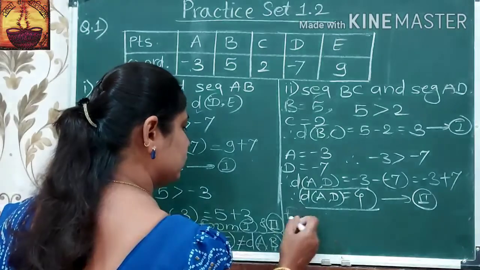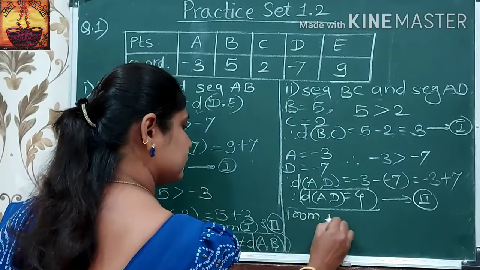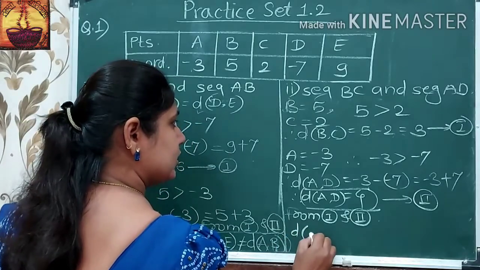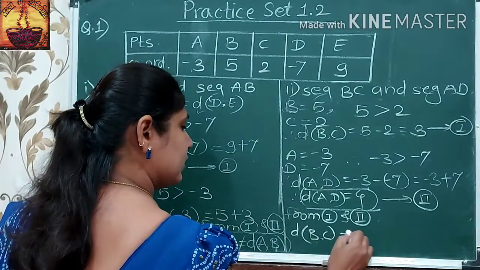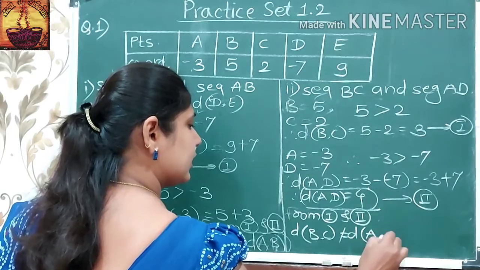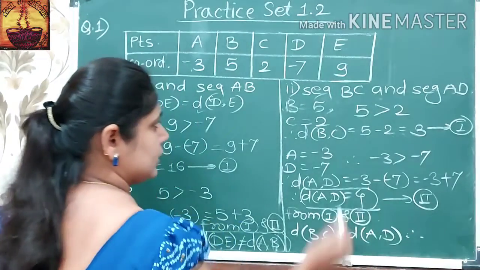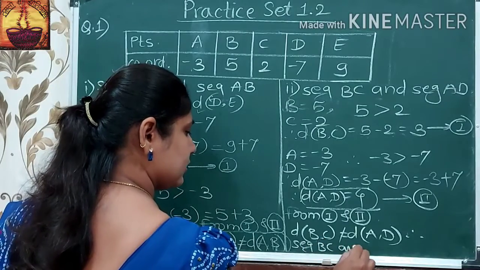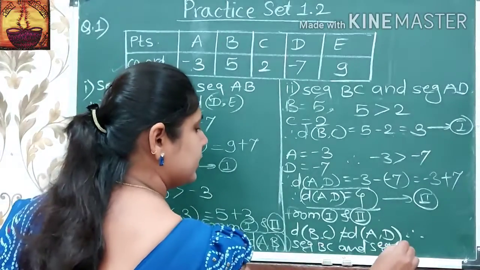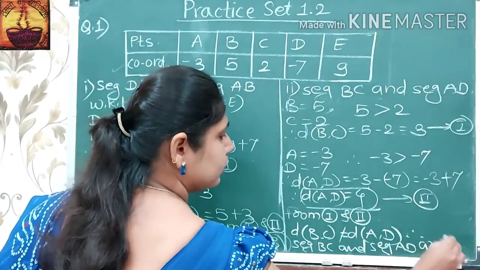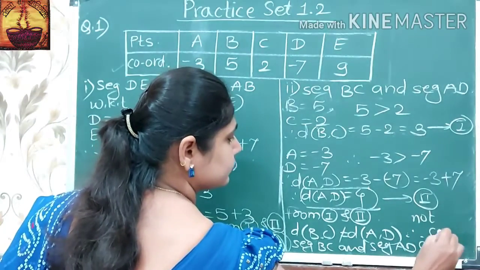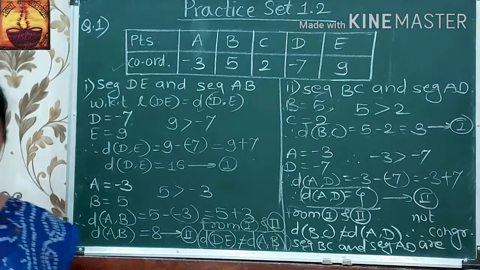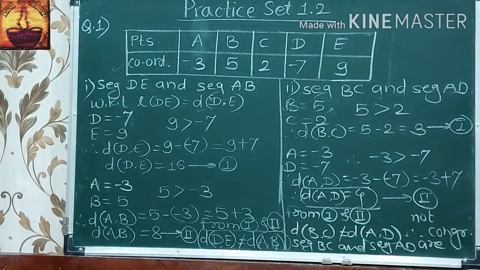Here from 1 and 2, we say that distance BC is not equal to distance AD. Therefore, segment BC and segment AD are not congruent.